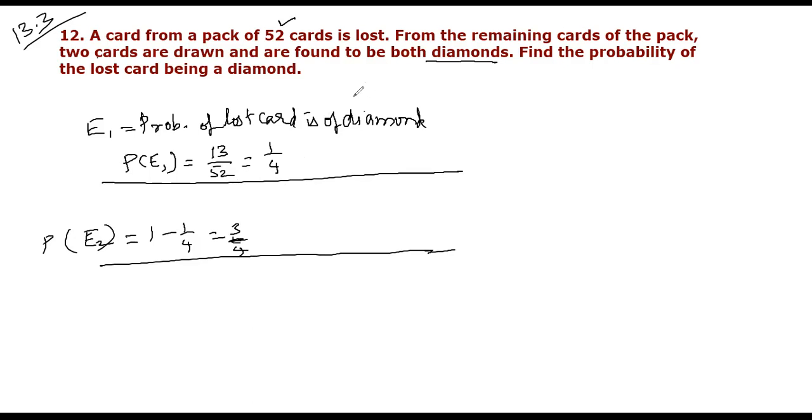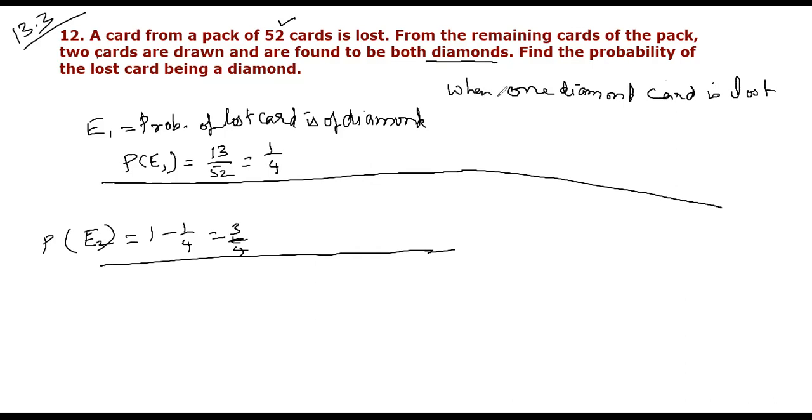In this way one diamond card is lost. Now if we go ahead, when one diamond card is lost, how many diamond cards are left? 13, out of which one is lost. So 12 diamond cards remain to be selected.